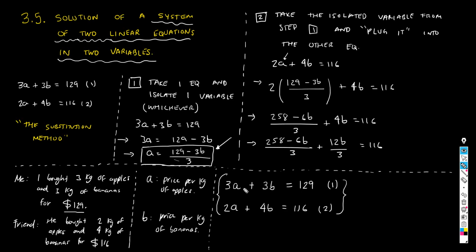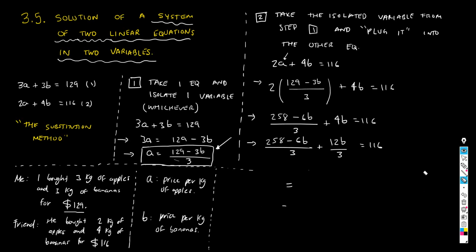Okay, we have this. I'm gonna erase this part because I need to. Then let's continue with the process. Okay, so two fractions with equal denominators, so I can just do this. Like so. And then finally, all of this can be reduced to 258 plus 6b, am I right?